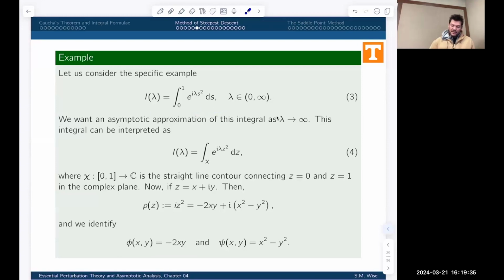And it turns out that this chi, so first, I'm getting ahead of myself. We want to transform this, or at least view this as a contour integral. How can we do this? Well, this is precisely the contour integral over a contour chi, where chi is just on the real line. And it runs from z equals the real value 0 to z equals real value 1.